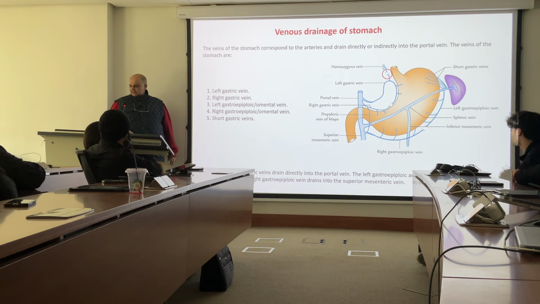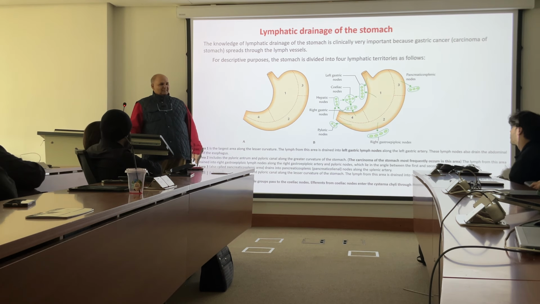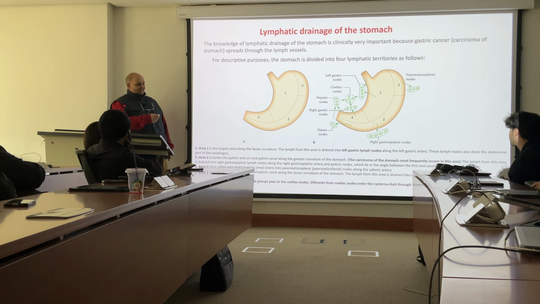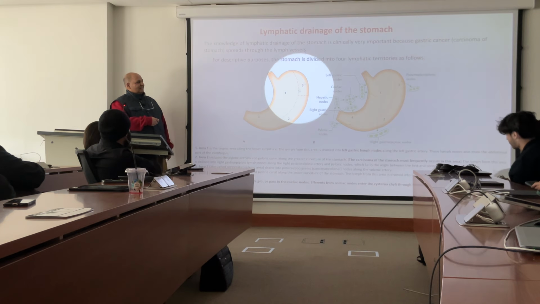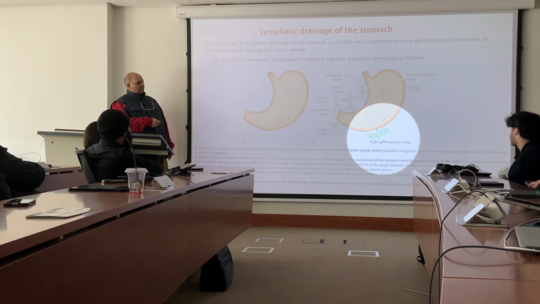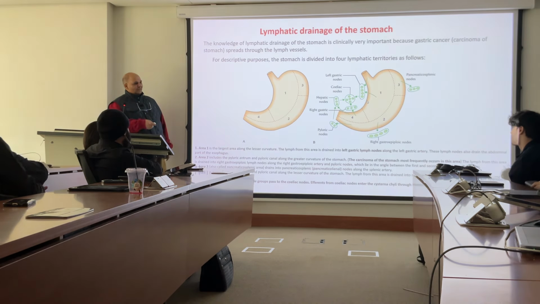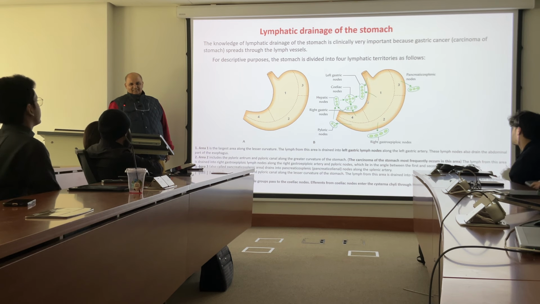Just make an RP and you're good. Guys, this lymphatic drainage is very important. 1, 2, 3, 4. And you should specifically know the area across the upper area at the greater curvature, which group of nodes, which group of nodes, which group of nodes. Very nice MCQs are sitting there looking at you. Are we good?